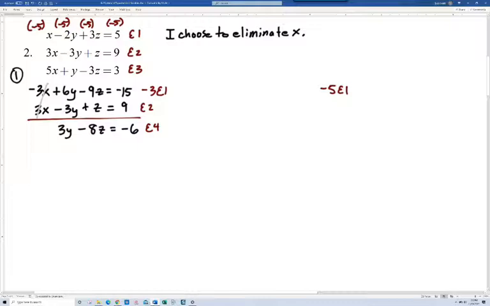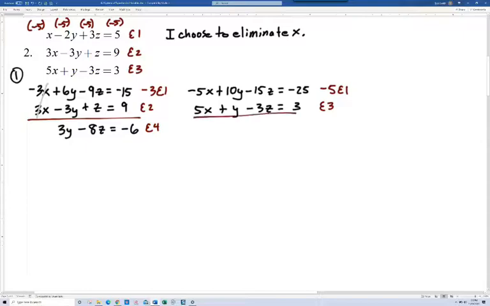All right, so let's see, we have -5 times x, that's minus 5x. A -5 times a minus 2y is a plus 10y. -5 times 3z is a minus 15z. And -5 times 5 is -25. And let me go ahead and write equation 3. And let's add these together.